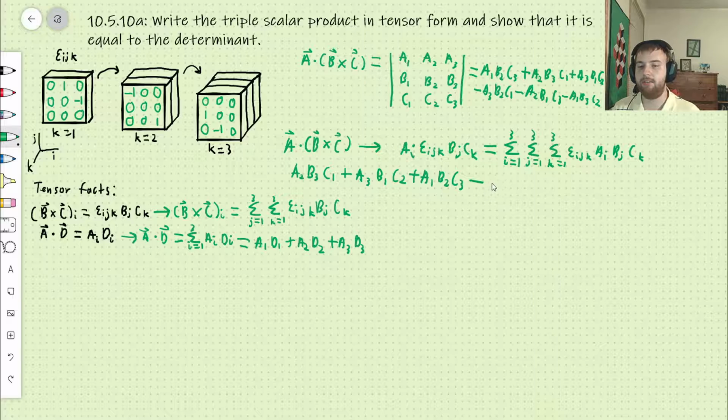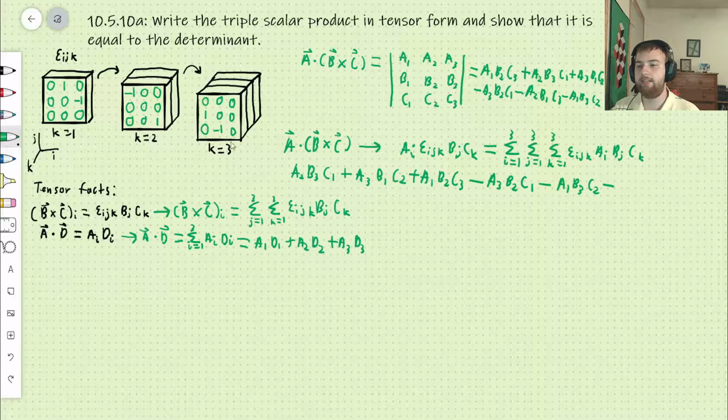And then where our negative ones are, our first negative one is at 3, 2, 1. Then our next negative one is at 1, 3, 2.